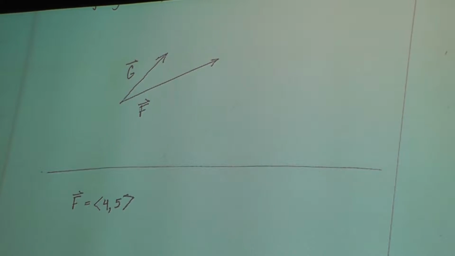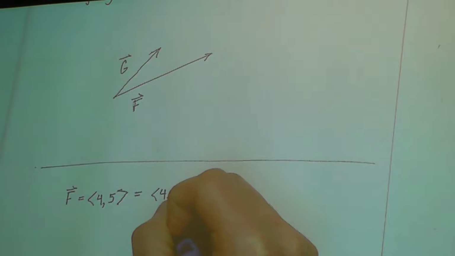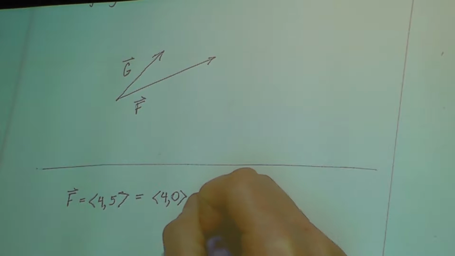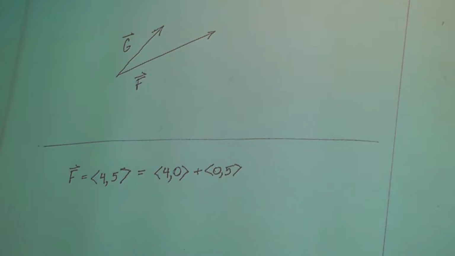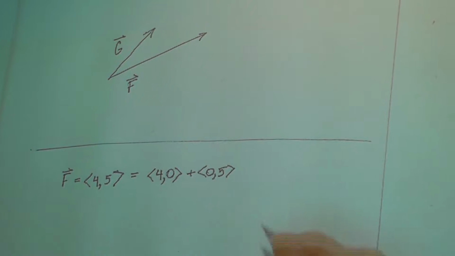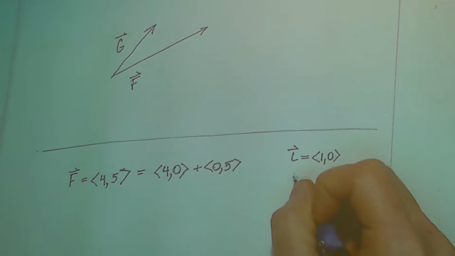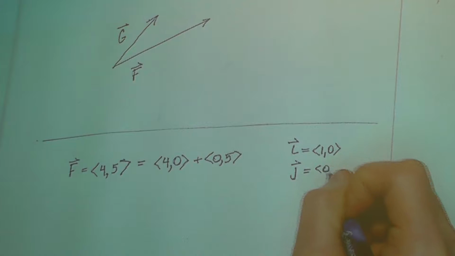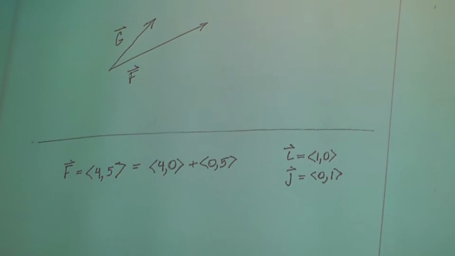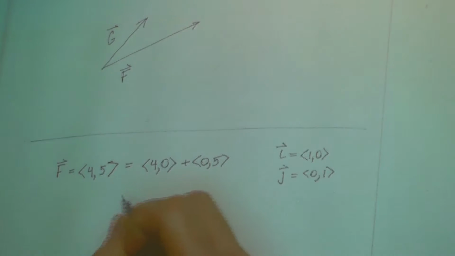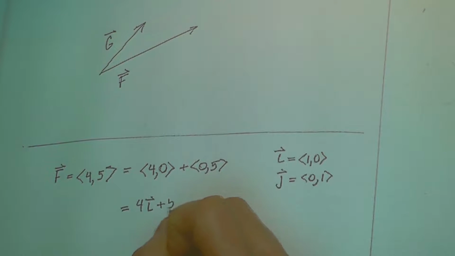And then you break it up into this plus this. You can write I to be the vector 1, 0, and J is the vector 0, 1 if you wish. In 3 dimensions, K is 0, 0, 1. You could also write this vector as 4I plus 5J.